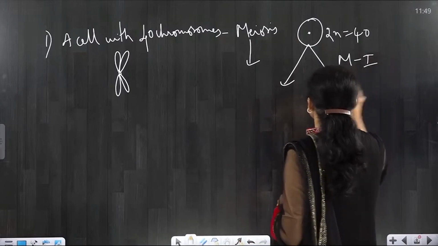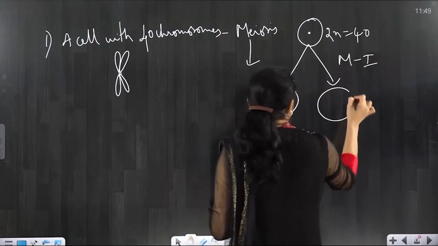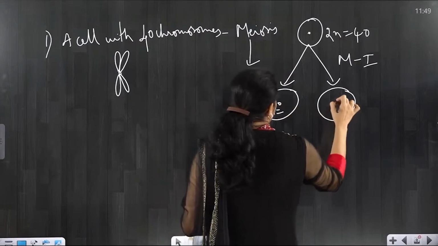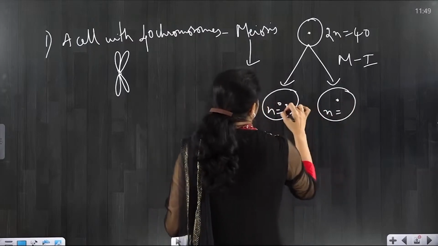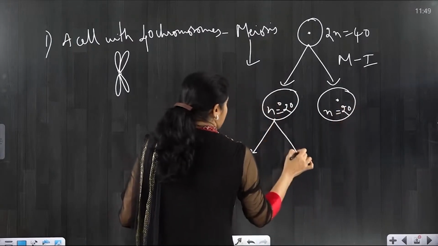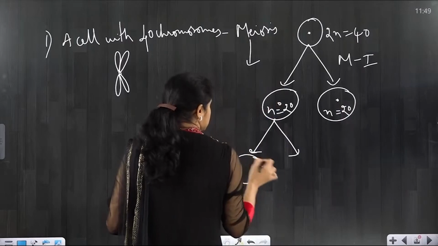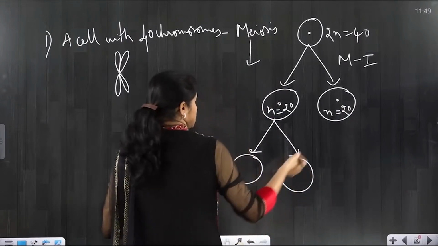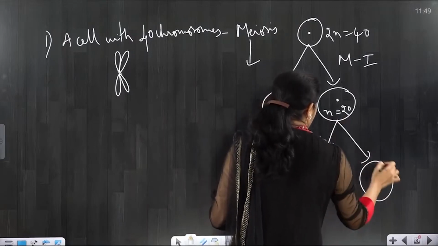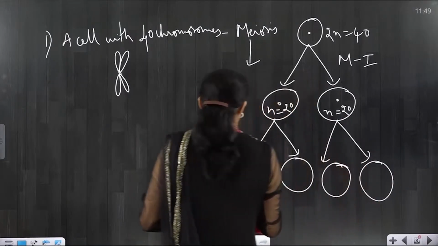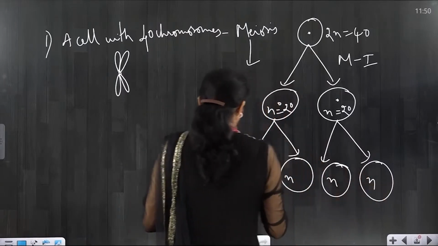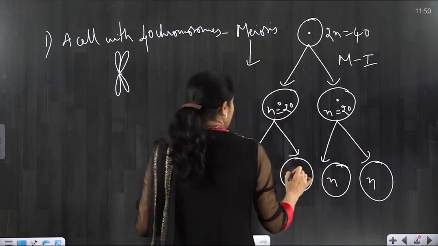It forms the 2 daughter cells where each one will be n. N is equal to 20. Now, each one of them will be dividing and it will be n only, 20 only will be there.